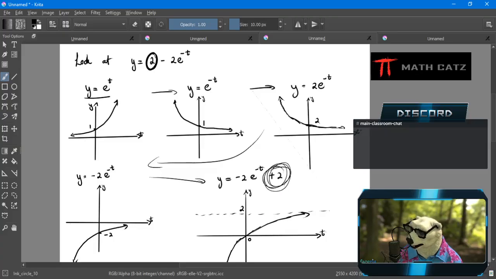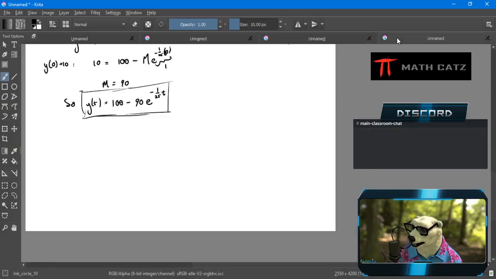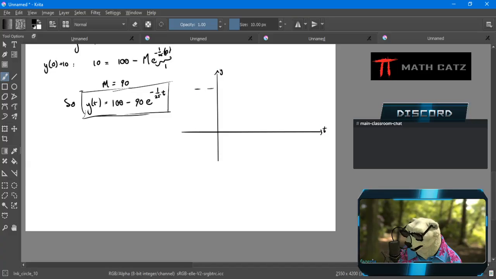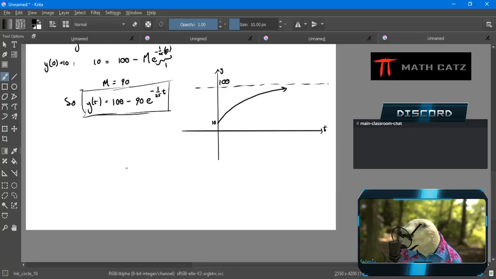So when I look at this new function, the vertical shift that will happen is going to be this 100. So my capacity here is 100. I'm not starting at 0, I'm starting at 10. And there's my function. I don't have to look at these little bit more unpleasant numbers to understand what the transformations are doing to get the graph.